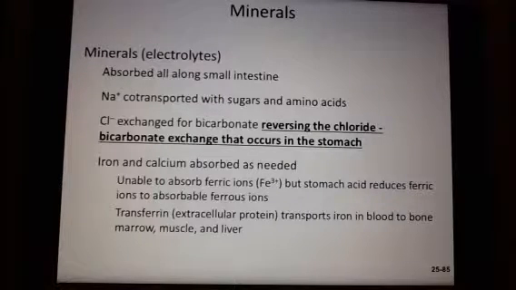Okay, let's go through minerals absorbed all along the small intestine, not just at one section, so all the way through. I'm not really picky about really memorizing all of these. Just know that we need to be absorbing sodium and chloride. You've learned other places in our body where we need those ions, so it is important that they are absorbed.